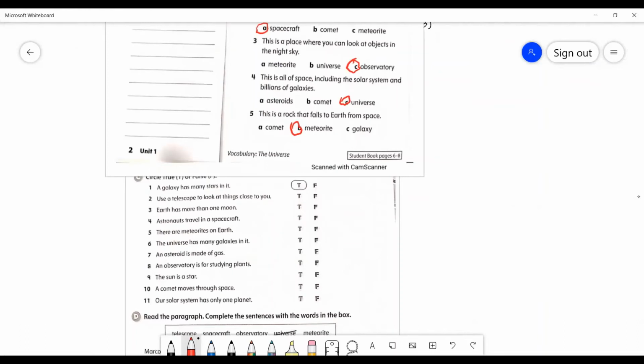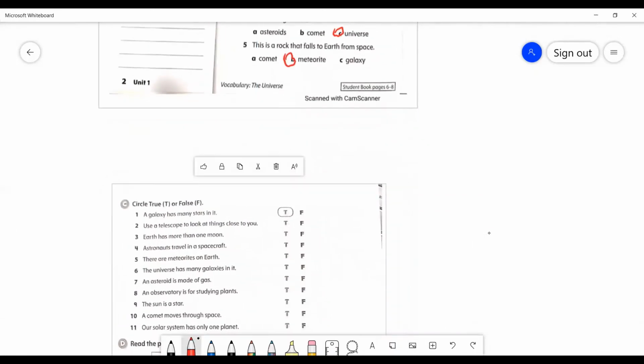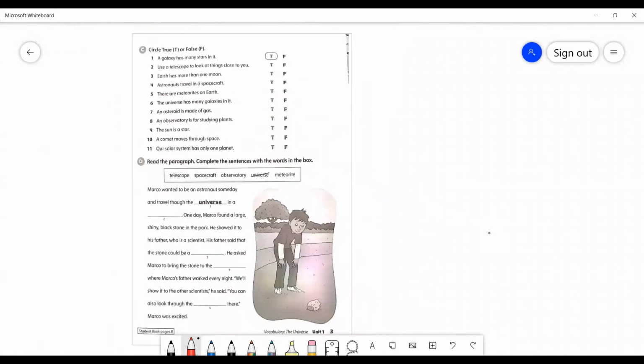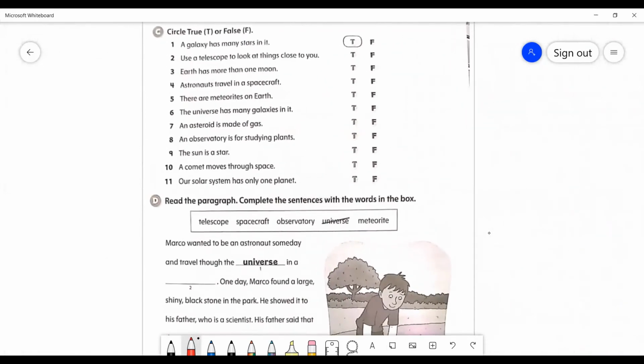Now we will solve part C. Part C is circle true, T, or false, F. If the statement is true, we have to circle T, and if the statement is false, we have to circle F. Number 1: A galaxy has many stars in it.